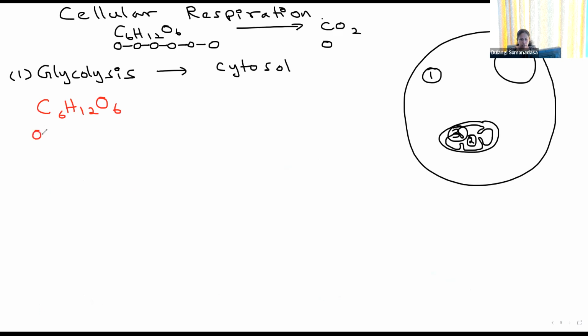We started with 6 carbons. And we're going to split it into half. Write down the number of carbons. 3 carbon each, but you produce 2 of them. Write down the name, it's the same thing as last year. You produce 2 pyruvates.